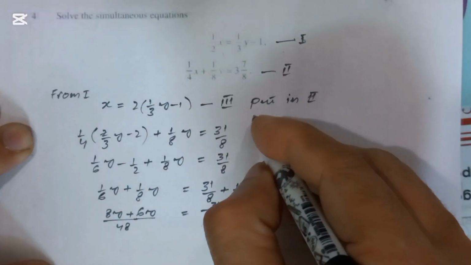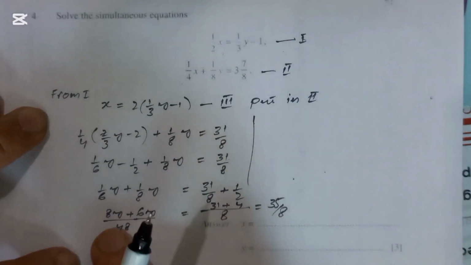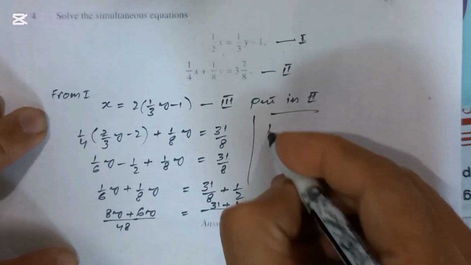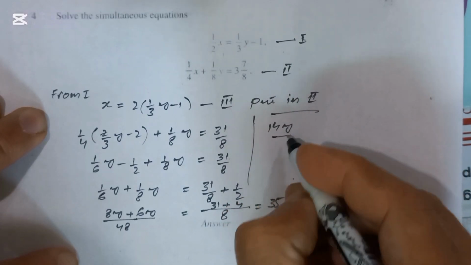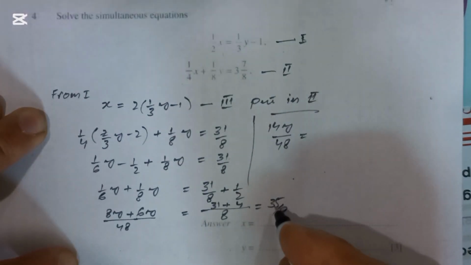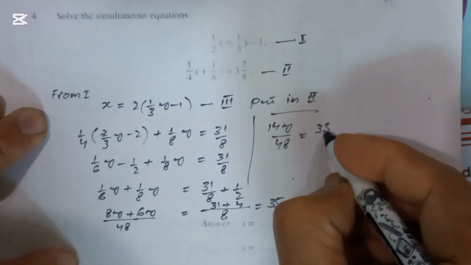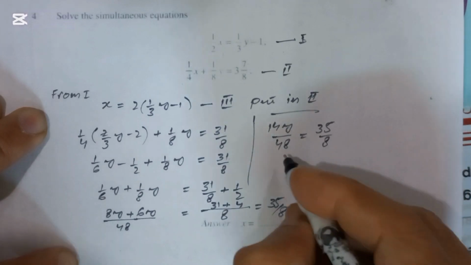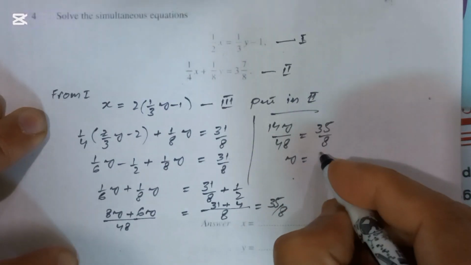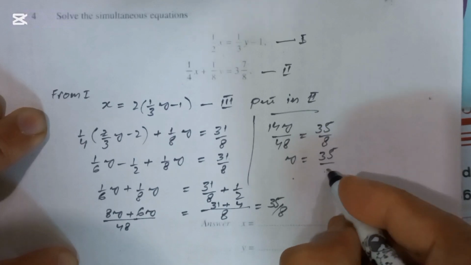On left side, 8y plus 6y, it will be equal to 14y divided by 48 will remain as it is. On the right side we have 35 by 8. Just make y alone, make y the subject. 35 by 8 as it is.